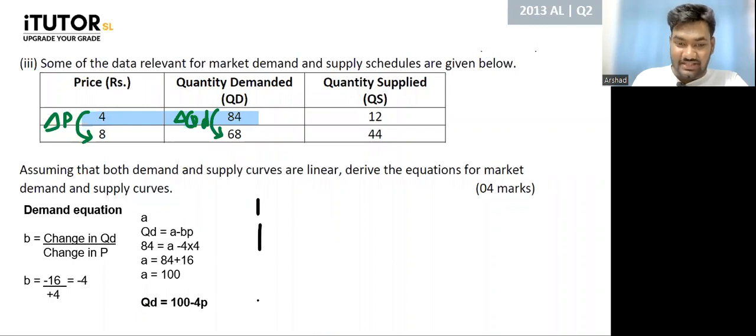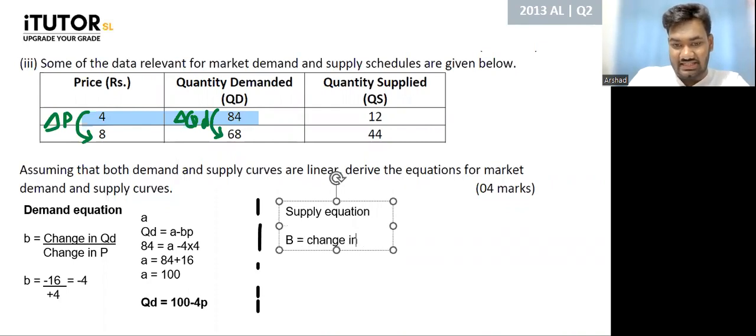Can you follow the same steps and give me an answer, guys? How much do we get for the supply equation? Same thing. In the supply equation, you do the same thing. You first find the B component. That is the change in quantity supplied divided by change in price.